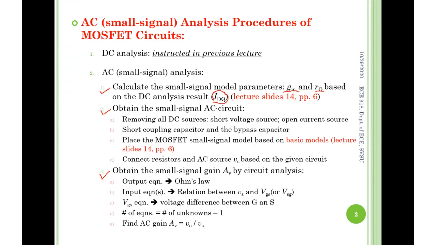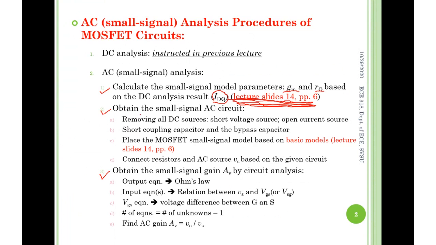The DC analysis result, IDQ. So those two formulas we just reviewed, and if you want more, once again, print this page out as your handout. It's allowed to be used during the exam. This is the first step. You need parameters gm and r0.